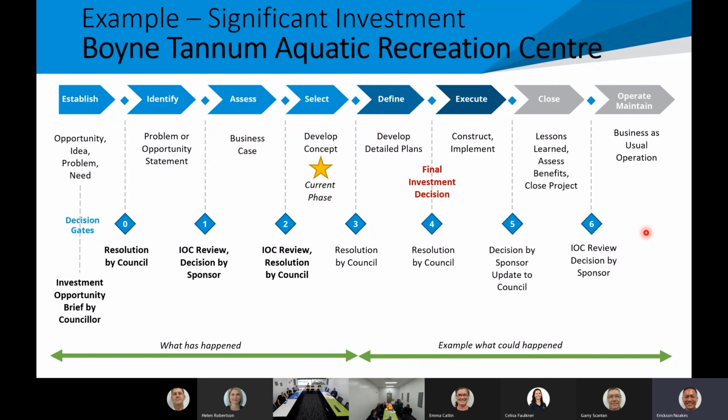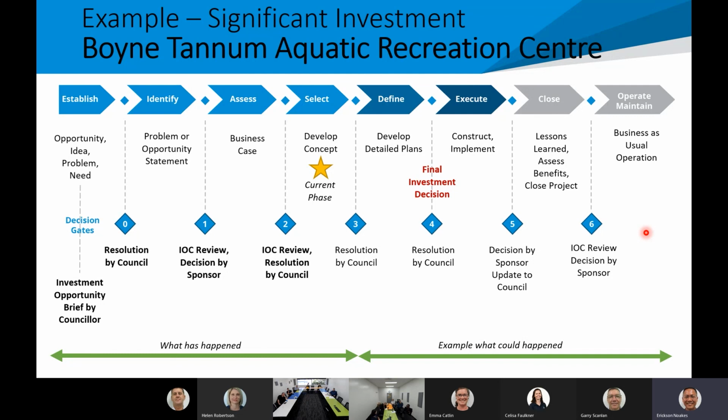Thanks, Lisa. I just wanted to make a statement in relation to this phase. Yes, it is council that makes the decision on the final investment decision, but part of considering that is that significant projects are generally put up for investment opportunities from Australian or state or other forms of funding.